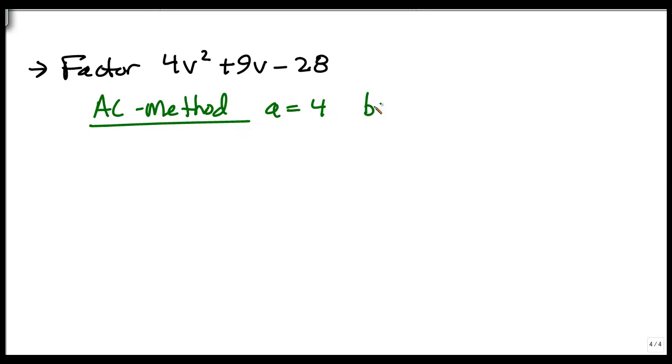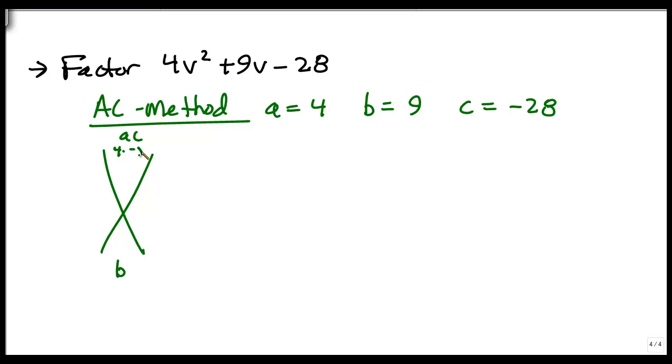A is 4, B is 9, C is negative 28. So up here is the AC method. A times C, whoa, got some big numbers there. 4 times negative 28.